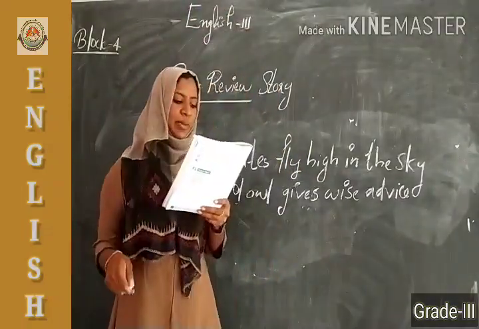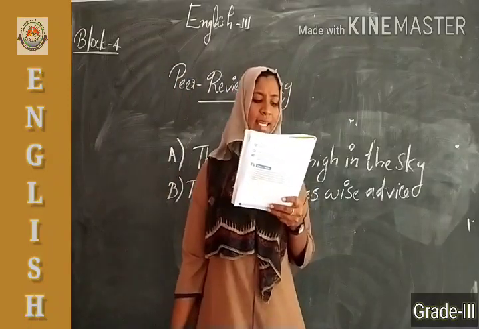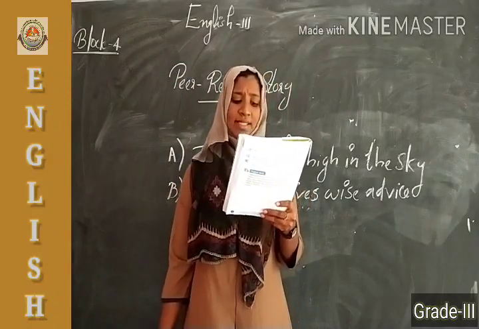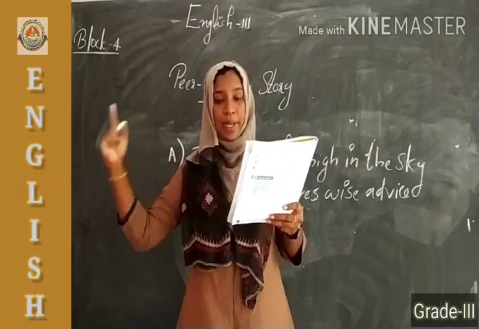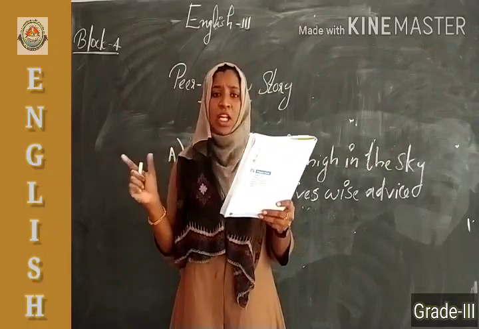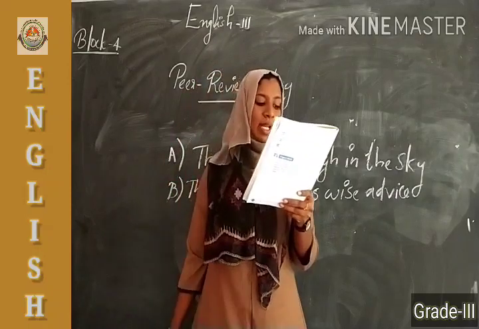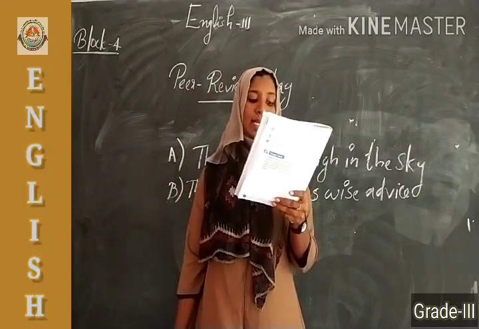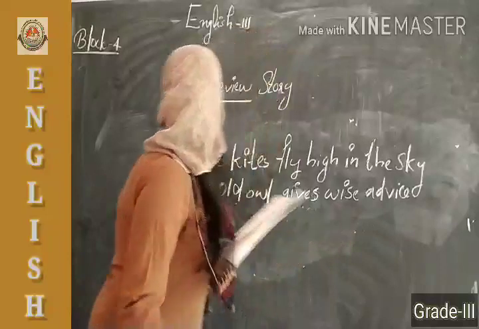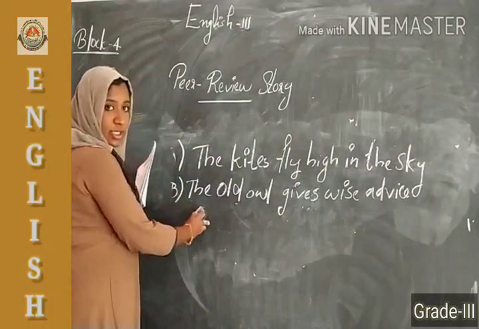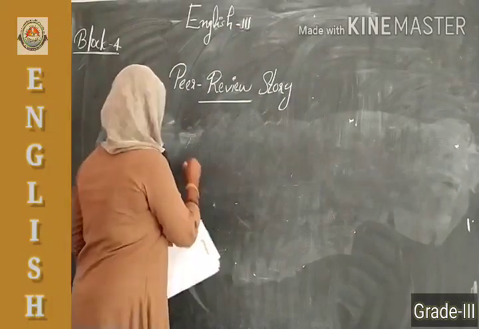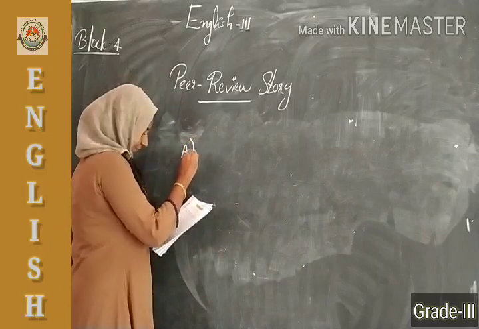Then in question number 2, you can see, change the subject in the sentence from one to many and many to one and rewrite them. So the question number A: a little bird lives in a nest. Please note it down in your text. Okay.